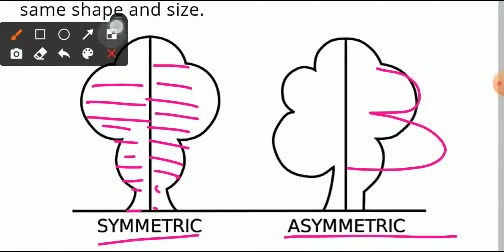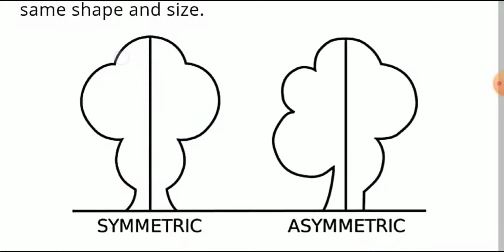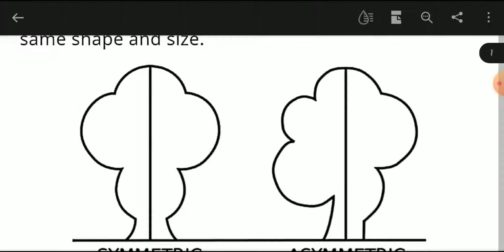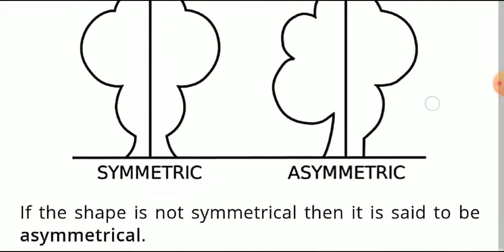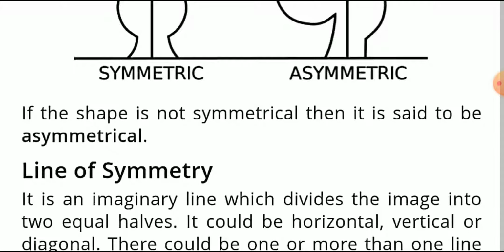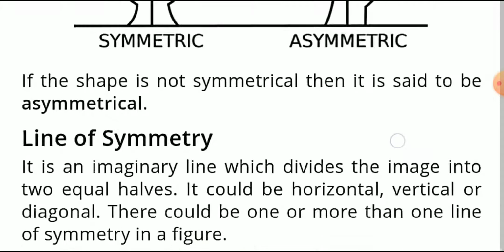Also, by observing, you can see that symmetrical shapes look very good. Next, if the shape is not symmetrical, then it is said to be asymmetrical.